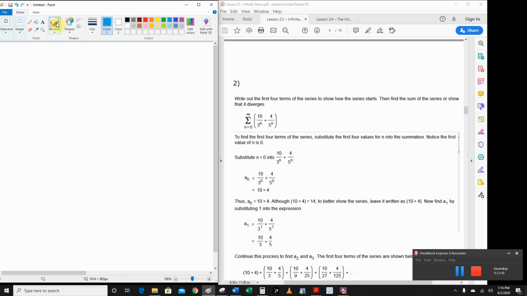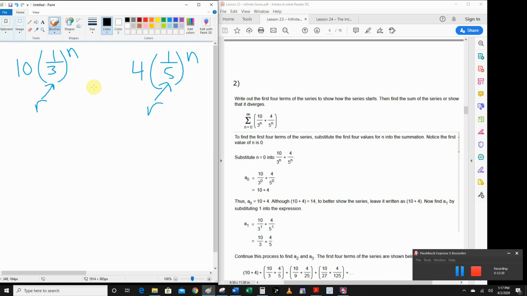We can rewrite the first fraction as 10 times (1/3) to the nth power, and the second fraction can be rewritten as 4 times (1/5) to the nth power. So we have a geometric series. The ratio of the first part is 1/3, and the ratio of the second part is 1/5.